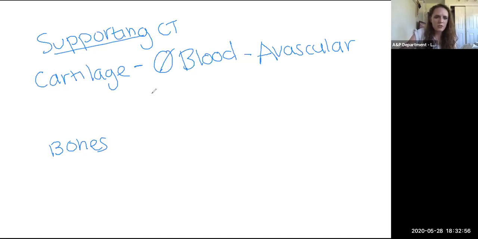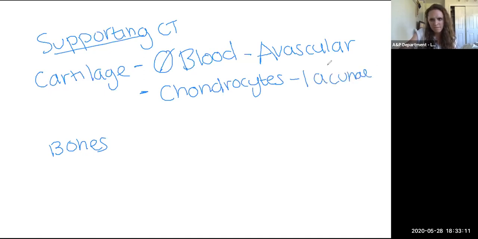The cells in cartilage, I kind of swapped around, are chondrocytes. They're found in lacunae. I can't write an E because I ran out of room. But chondrocytes are found in lacunae.